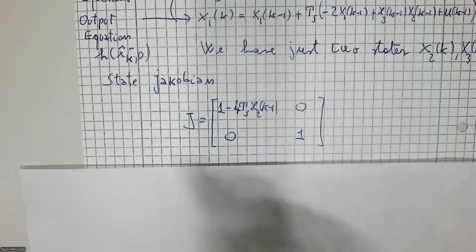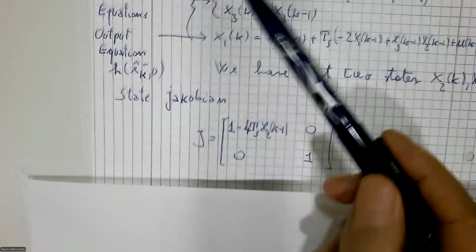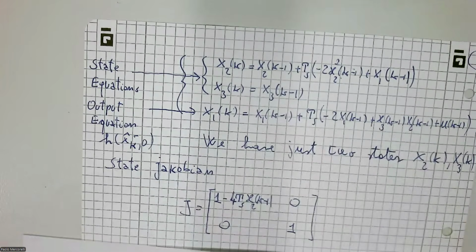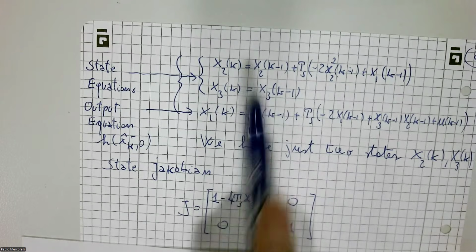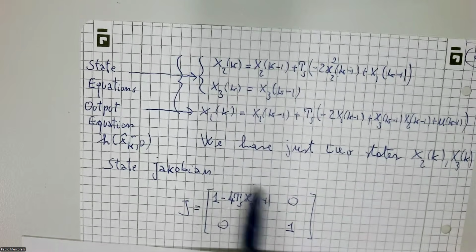Look at the Jacobian, the state Jacobian. The state Jacobian consists of a 2 times 2 matrix, because the state Jacobian should represent, do you remember, the Jacobian reflects the Taylor approximation of the state representation of the system. This means we have just two states, x2 and x3. And what is this element here?